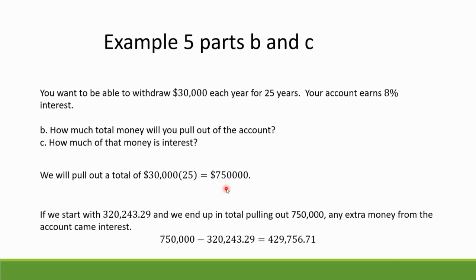Well, if we're taking out $750,000, and we have this amount in the account, anything left over is what is interest. Anything left over comes from interest, and that's why we're subtracting. We're subtracting because we want to know how much money came from interest.